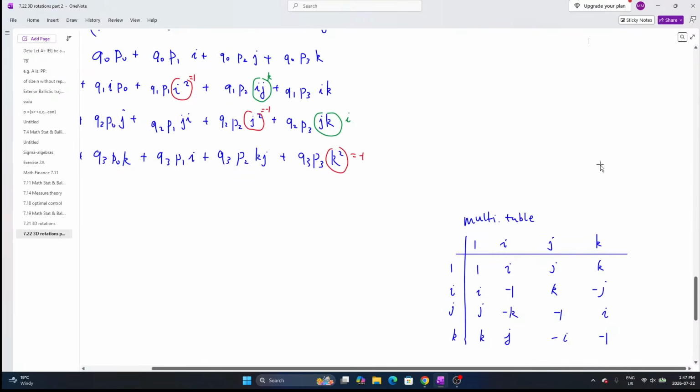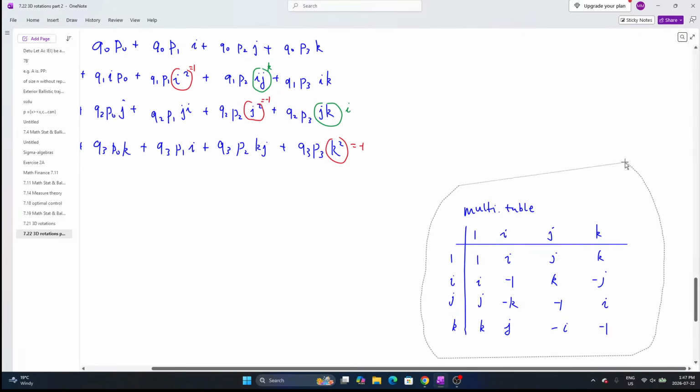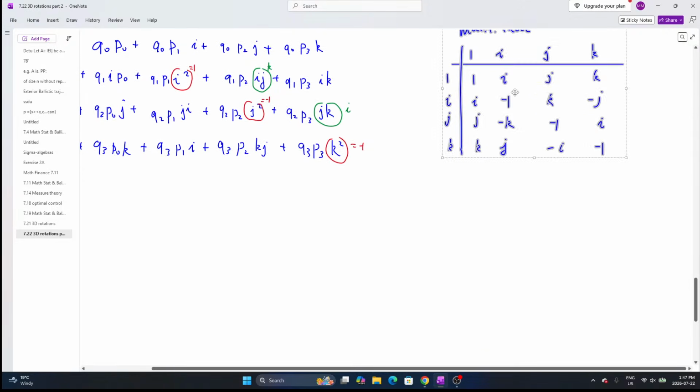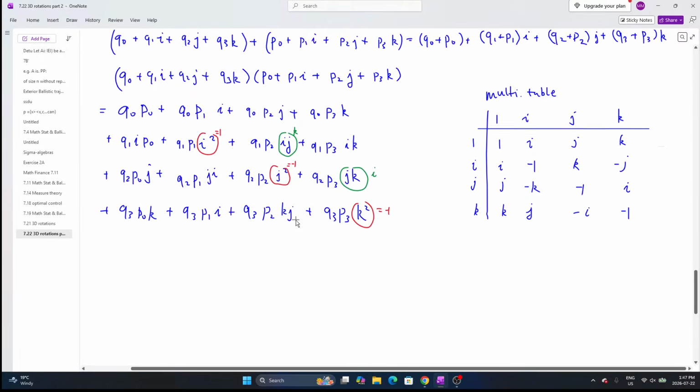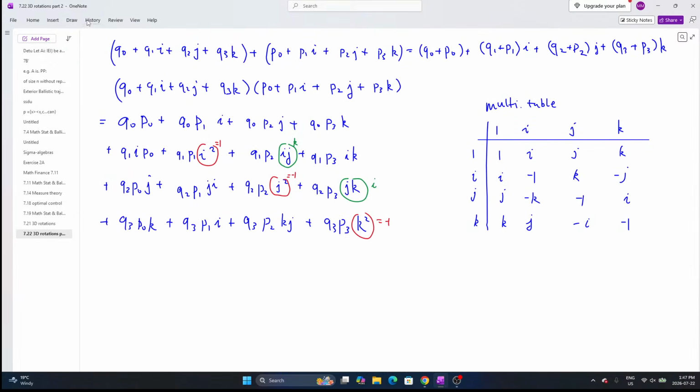Now we have this multiplication table, and we just do the substitution. Get the off-diagonal term, so this is minus j, minus k.